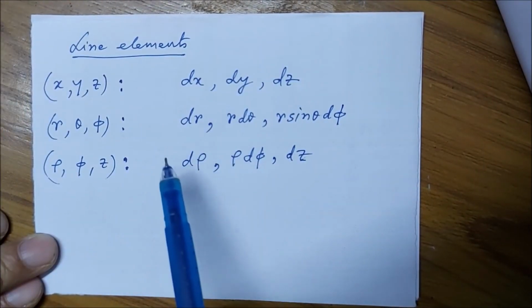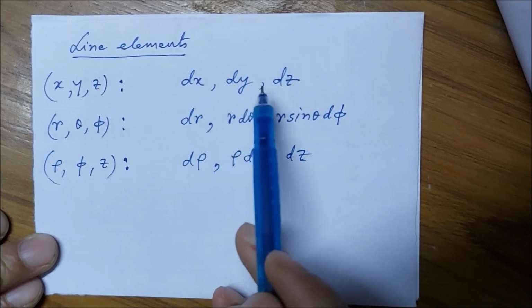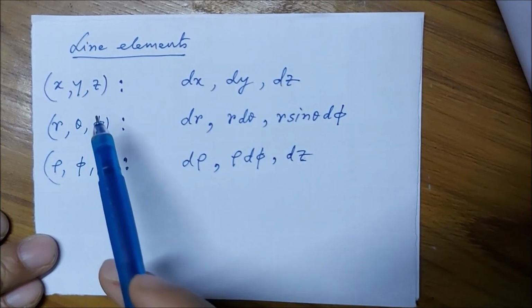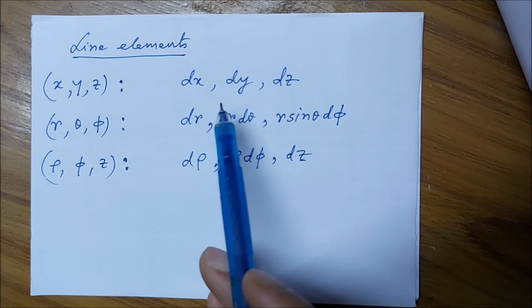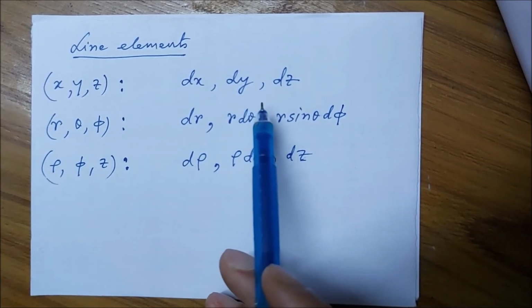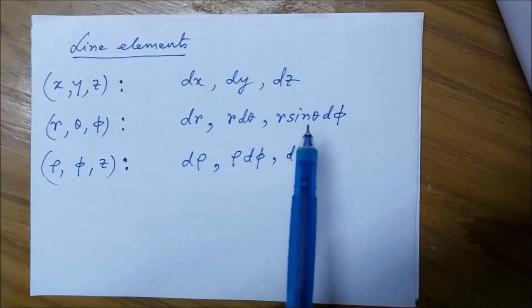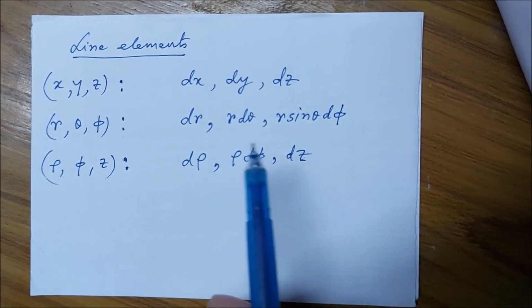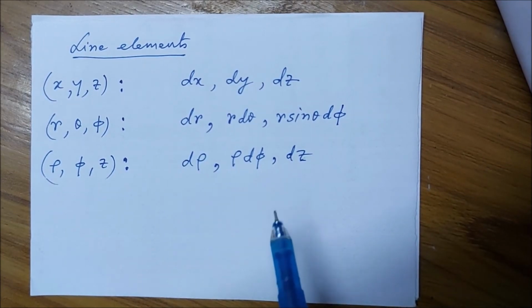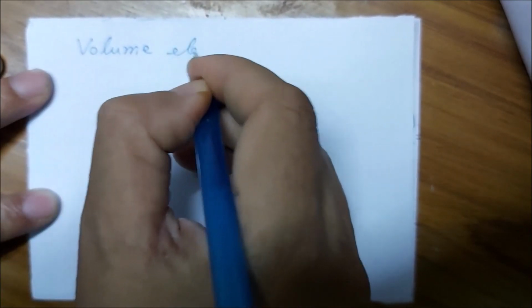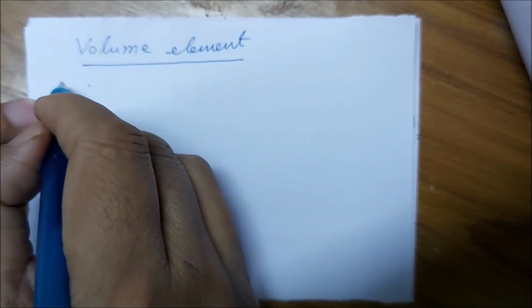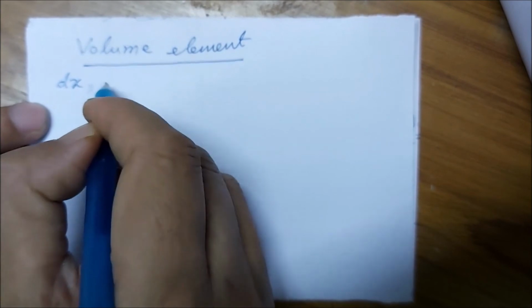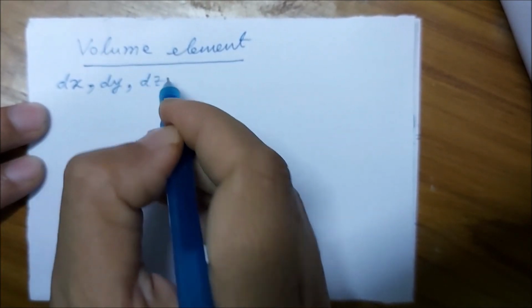These are the line elements and there are three length elements in each coordinate system. It is clear that if we multiply these three lengths, then we end up with a volume. So with the help of these line elements or length elements, we can develop elemental volume, which we will do now. Next, the volume element. In Cartesian coordinate system, the length elements were dx, dy and dz.